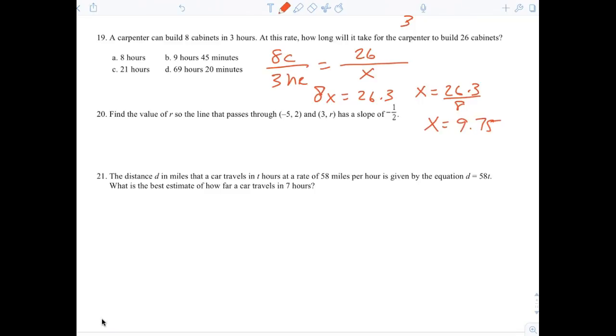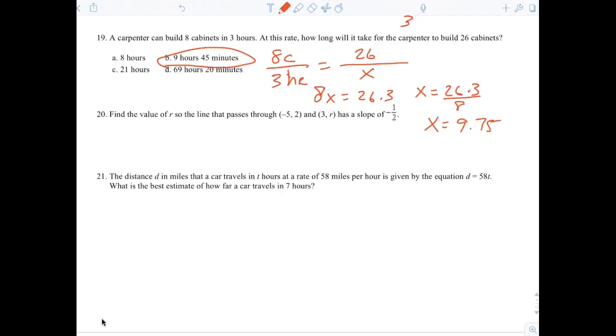So 9 hours, and 3/4 of an hour is what? Oh, that's hours. Sorry, I'm lying. That's all right. That's my fault. I'm trying to write with this. So it's 8 cabinets in 3 hours. Okay.